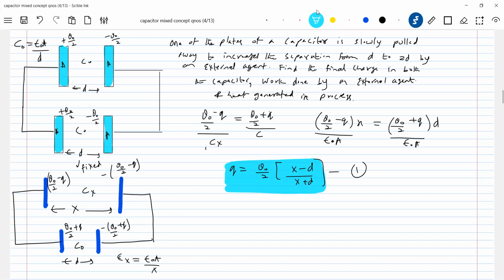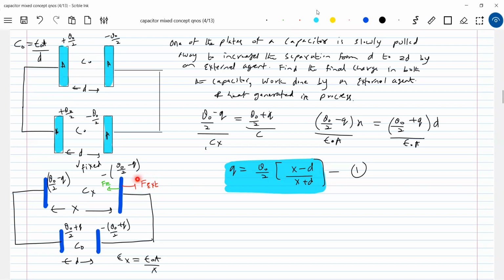Now we'll proceed here. He's asking now for the work done by the external agent. The external agent is going to pull this one. So in fact, electrostatic force will act on the other side, and the external agent is going to apply force like this on both the plates. Since space is limited, I'm showing only one plate. Or you do one thing, keep one plate at rest and pull the other plate. Slowly I'll pull this plate so that the separation becomes from d to 2d. So how much force should I apply?